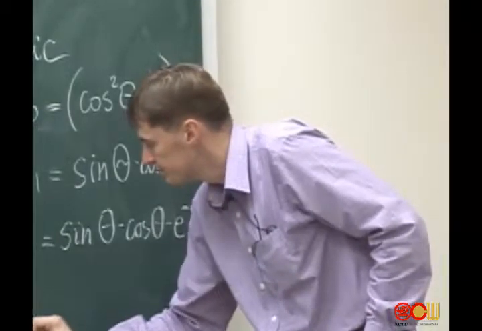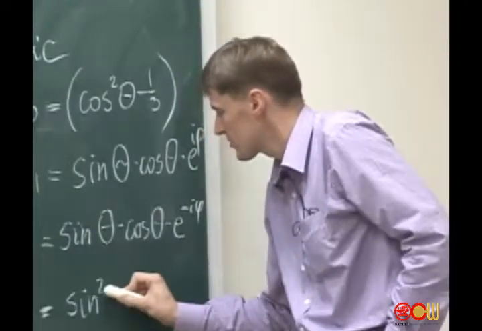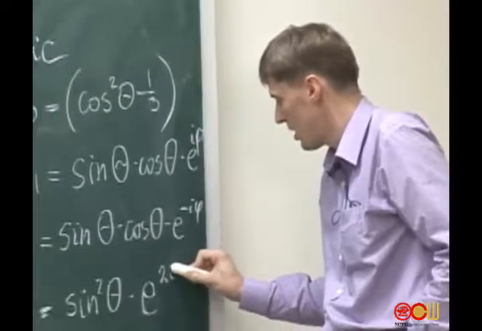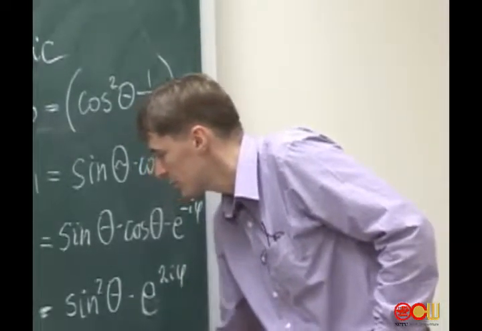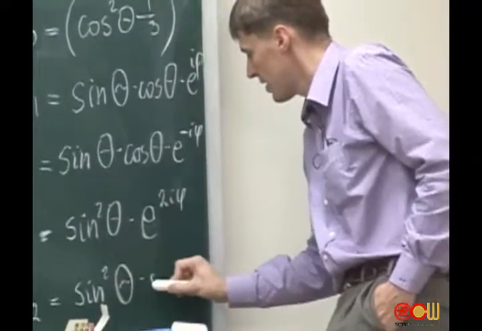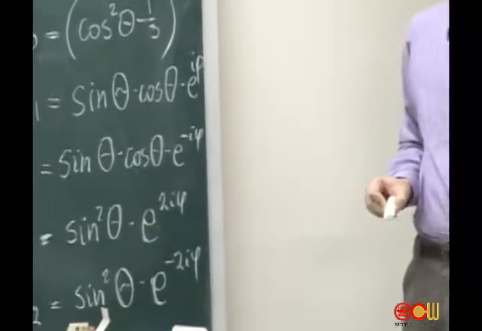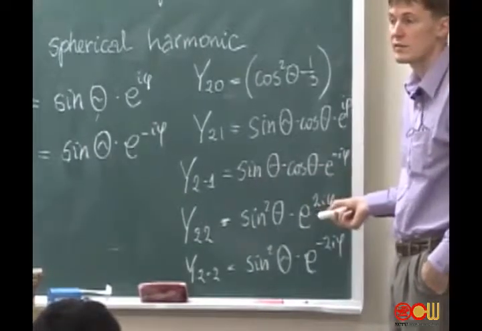And the last, 2, 2 is equal to sine squared theta times e to the 2i phi, and the last, 2, minus 2, is sine squared theta times e to the minus 2i phi. You can ask me how many functions there is. Infinitely many. So I cannot write all of them.